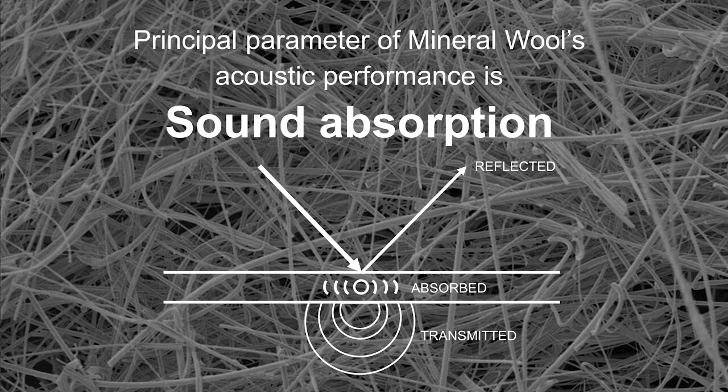Because of the porous structure of the mineral wool, we say that the principal parameter of mineral wool's acoustic performance is sound absorption. So what is actually sound absorption? There are a lot of mind-twisting definitions for sound absorption. There are a lot of theoretical expressions to define the sound absorption, but I find a very convenient way to describe this property by looking at two opposite acoustical properties, which are the sound reflection and the sound absorption.